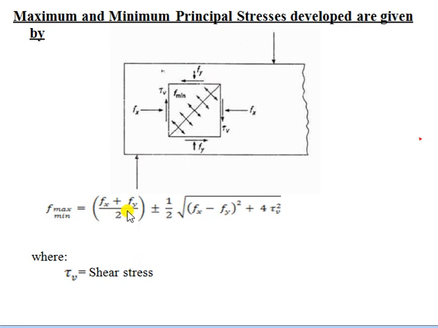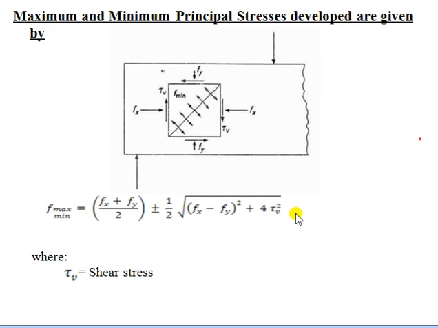Therefore f of x will be equal to 0. Only this term remains. So for the first condition, f maximum or minimum is equal to square root of 4 tau v square because no prestressing is done in the first case.